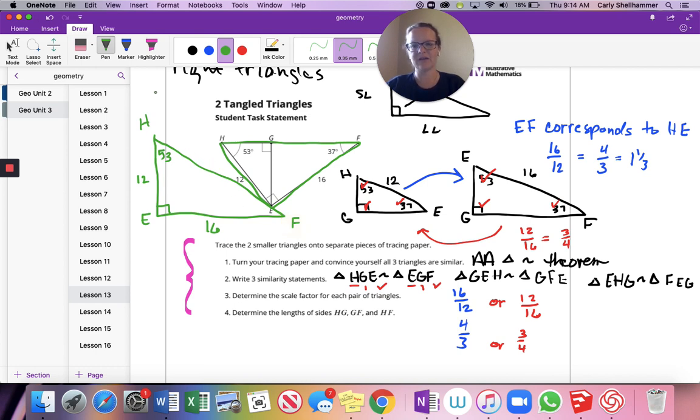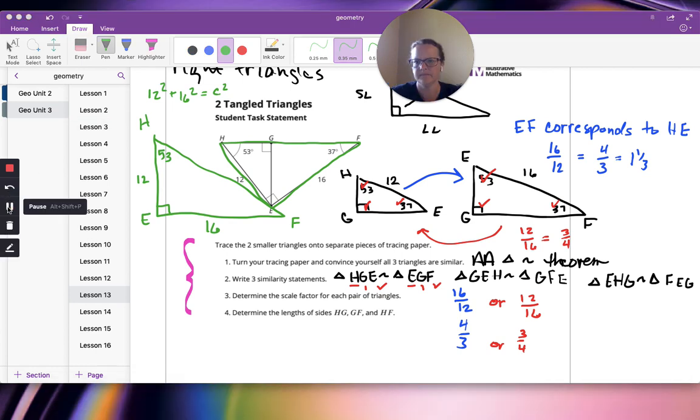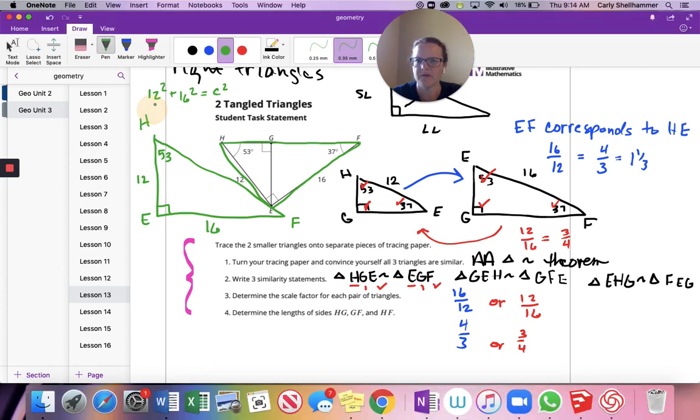But I can figure out the measurement of my hypotenuse because we know the Pythagorean Theorem. 12 squared plus 16 squared equals c squared. 12 squared is, I get summertime brain sometimes, 144, and 16 squared is 256.